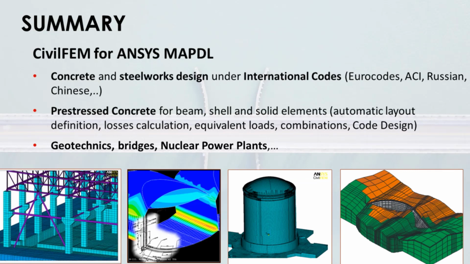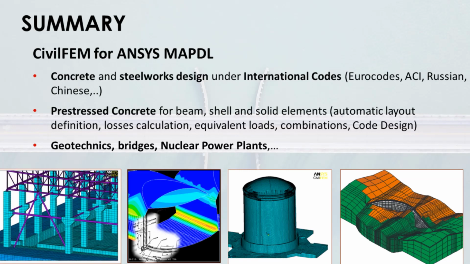This CivilFEM for Mechanical APDL, as you saw, is a customized version of ANSYS, where we add some tools for concrete and steel structures design by most of the international codes: Eurocode, ACI, Russian, Chinese, British.